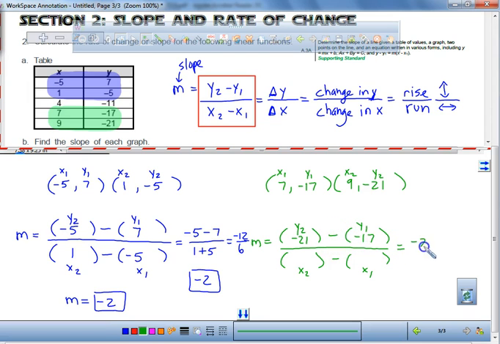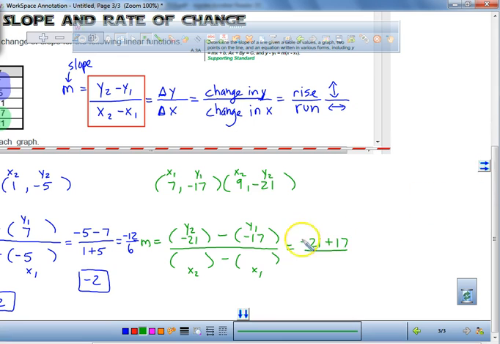Now what happens with these negatives right here? Right, so it becomes -21 plus 17. And -21 plus 17 becomes a -4. The x2 value is a 9. The x1 value is a 7. That's just saying 9 minus 7, which is a 2. What's -4 divided by 2?